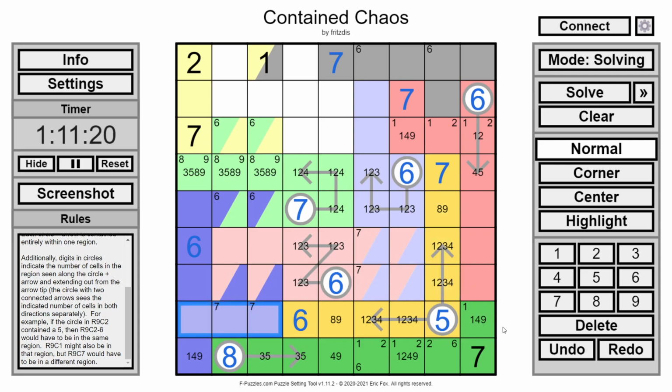Could this be 2, 3 over here? Maybe that's a question? Because if this was 2, 3... Whoops. This would be a 9. So then this would be 2, 3, 7. So this would just be a 3. And this would be an 8.